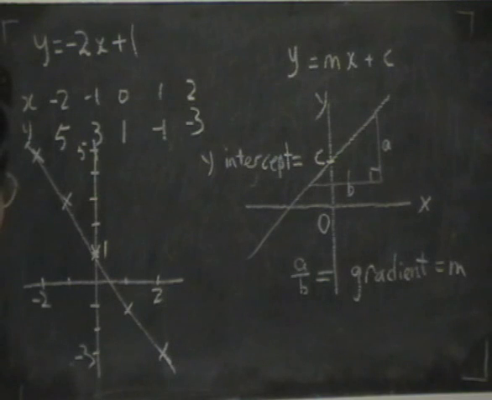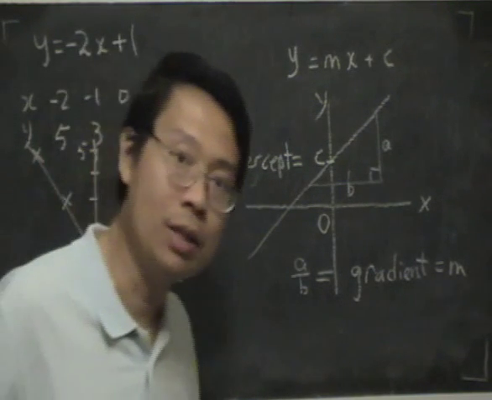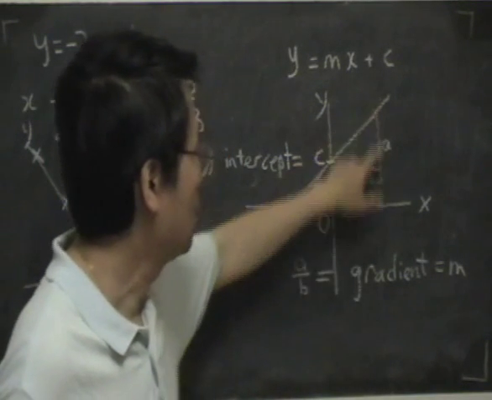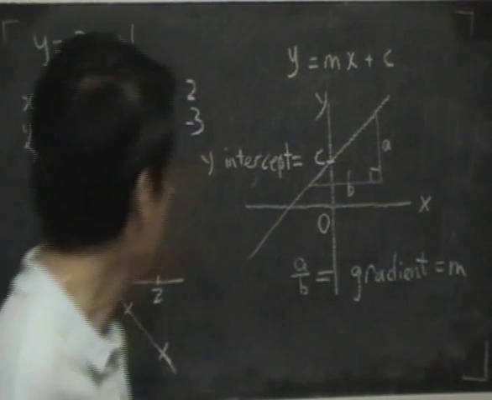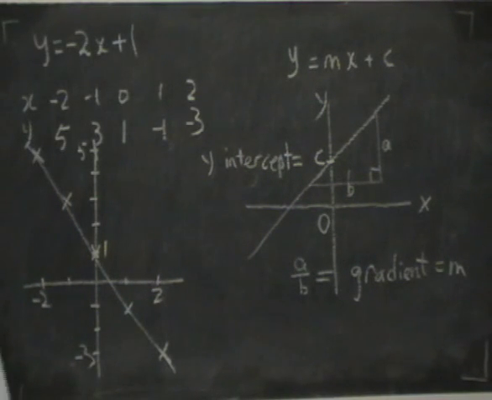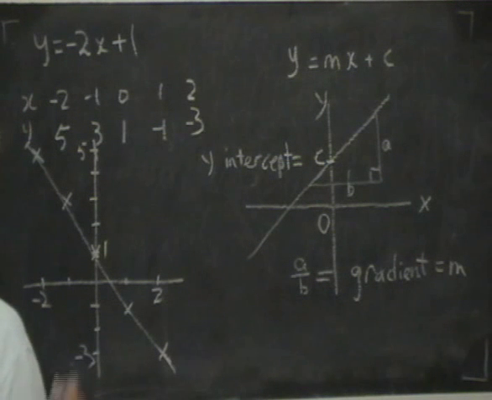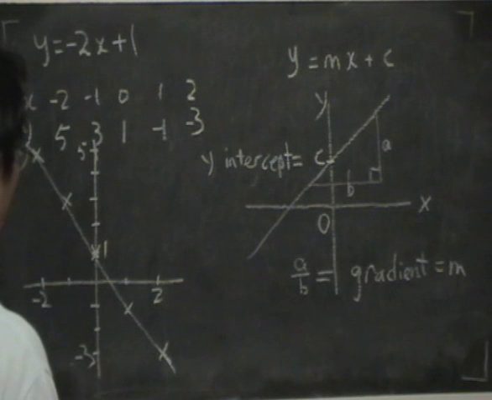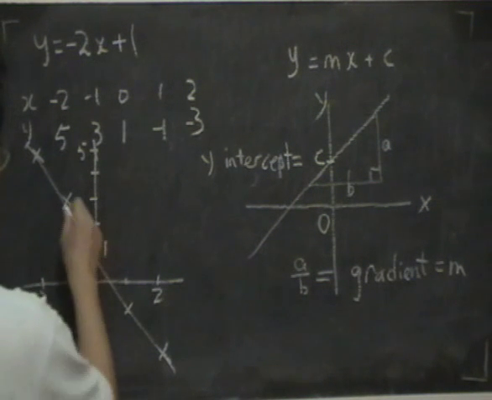Right, now can we still find the gradient by drawing a triangle like that? So let's try. Now this time if I have to draw a triangle, let's say I start at that point.